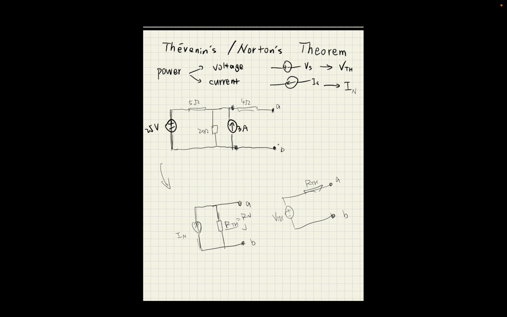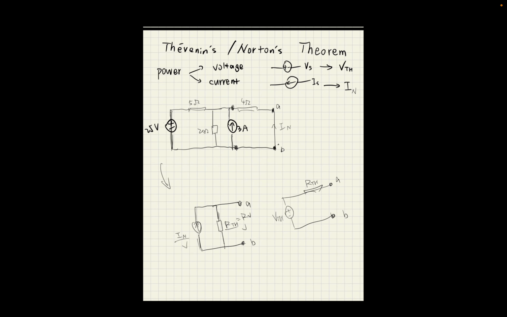It is the current flowing between A and B. So in other words, you have to first short circuit A and B, and then you calculate the current. How do you do that? As I mentioned, mesh current method or node voltage method. And that's all. You get IN.